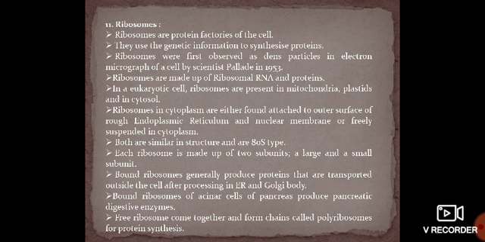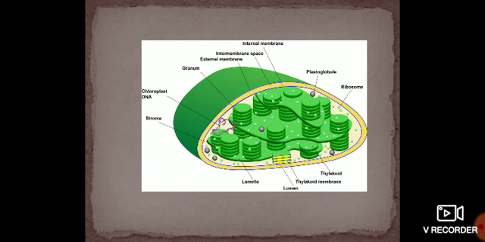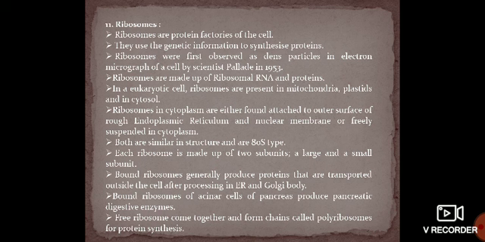Ribosomes in the cytoplasm are either in a bound state or in a free state. We have seen many times ribosomes attached to the endoplasmic reticulum and even the nuclear membrane. The attached ones and the free ones are both structurally similar and are of 80S type.